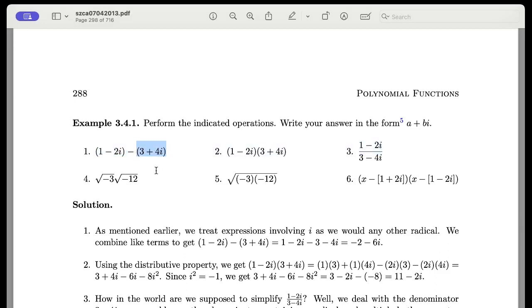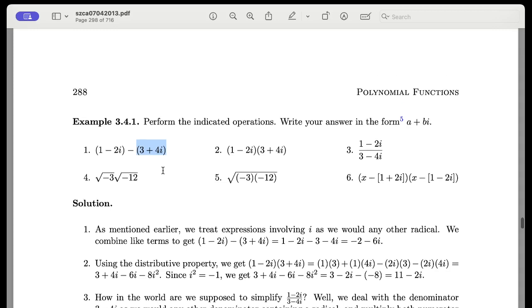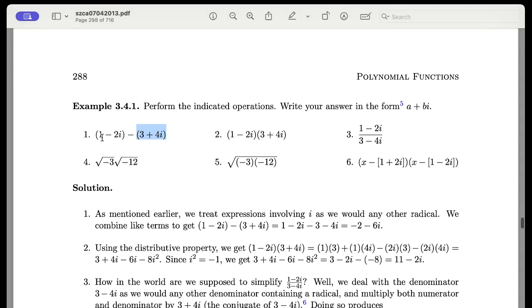Well, we just did it for addition. Subtraction is not that much different. 1 minus 3 gives us a negative 2 as the real part. And the imaginary pieces are minus 2, minus 4, a total of minus 6, which you can see they've got there in the solution.